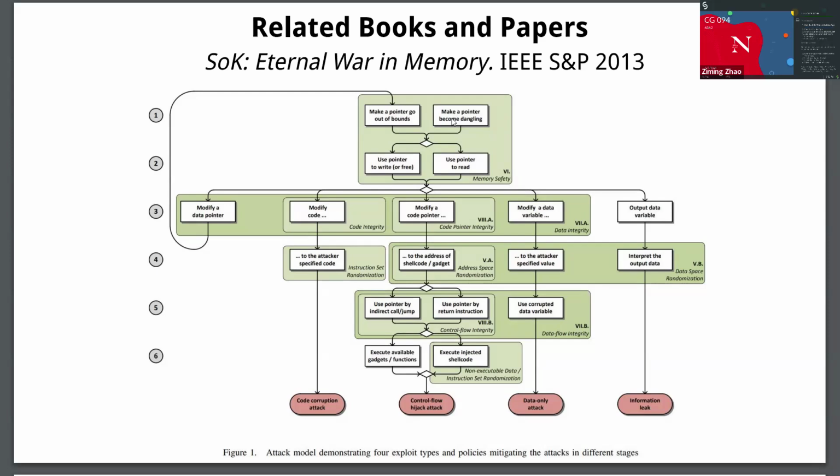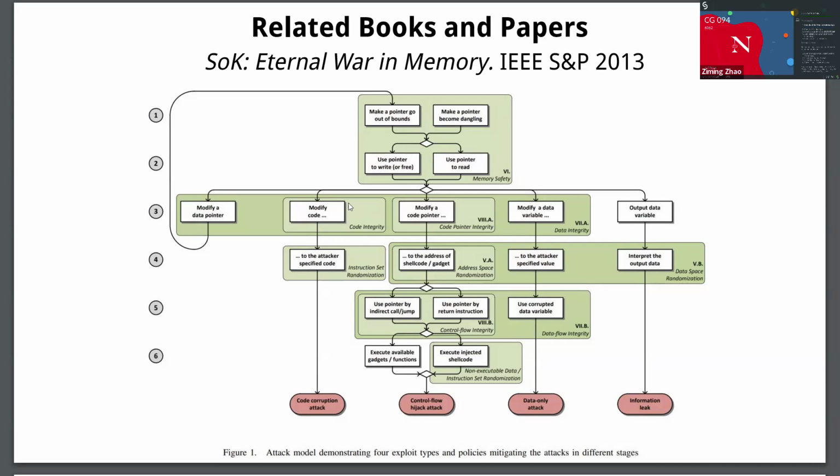because the resource is not there anymore, right? So then the second step, the attacker will try to use that pointer to write or free some memory resources. So you're basically overwriting something you're not supposed to overwrite. You can also use that to read something, right? Then depending on which data object you are writing or reading, you can achieve different attack goals.